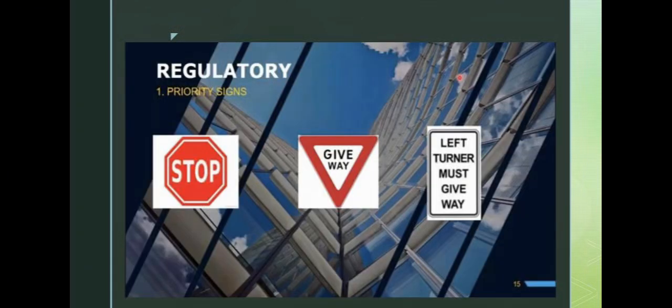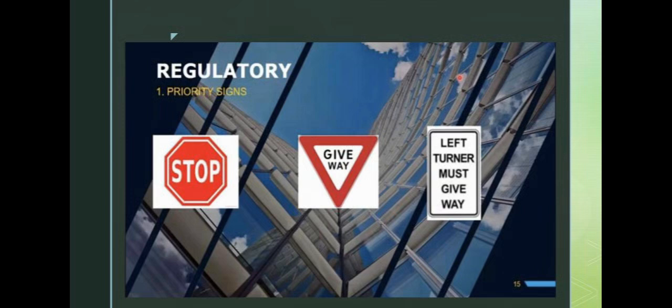The first topic is the priority signs. When you say priority signs, it includes the stop sign, give way, and the left turner must give way. In the stop sign, the driver must stop at the designated stop line. This sign is used to ensure caution before entering an intersection and shall be used where a complete stop is required by law for safety.